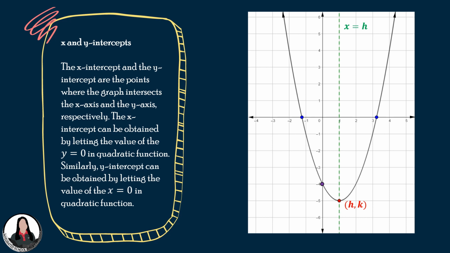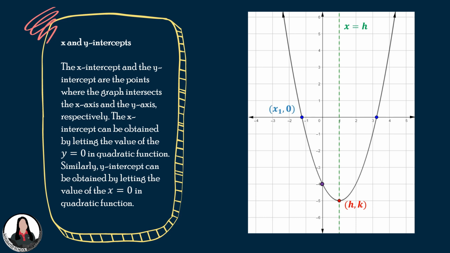So, for us to easily understand kung ano ba ang itsura ng intercept sa ating graph, I have here the illustration of a parabola wherein meron tayong dalawang x-intercept represented ng dalawang blue points, and we have here a y-intercept represented by a violet point.